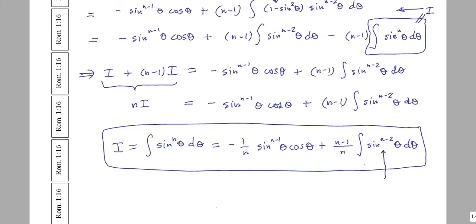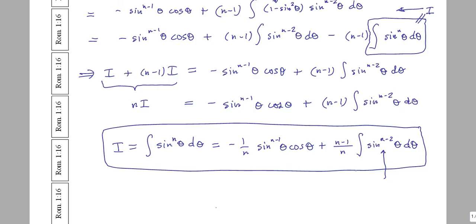So the reduction formula always has this n minus 2 integral, or the integral of the power n minus 2. So you will always have to know something 2 steps behind where you're interested. That's the point that I want to make. Or put another way, if you've developed a bunch of integrals of various powers, you can always find, using the reduction formula, another one 2 powers higher than the last one that you developed.